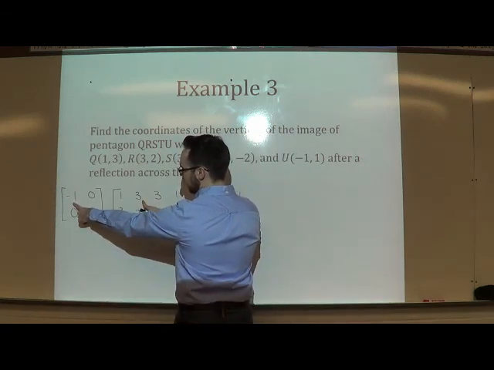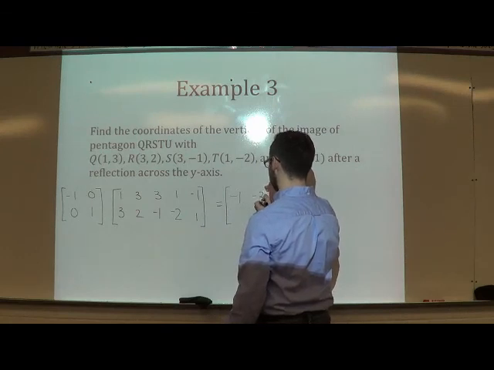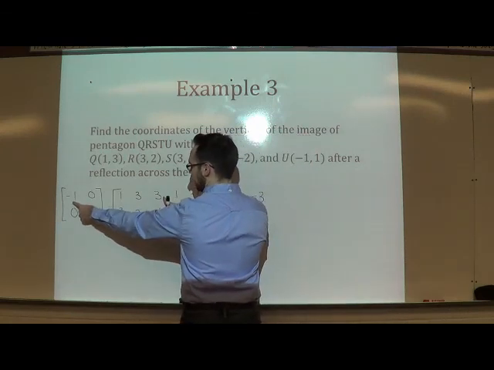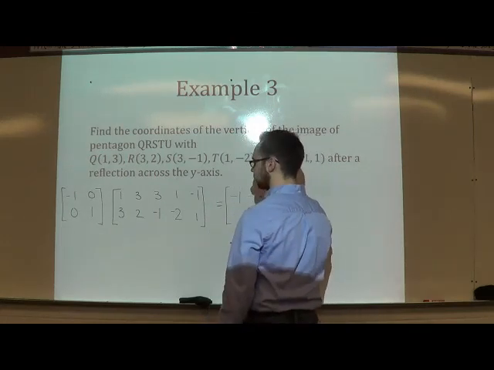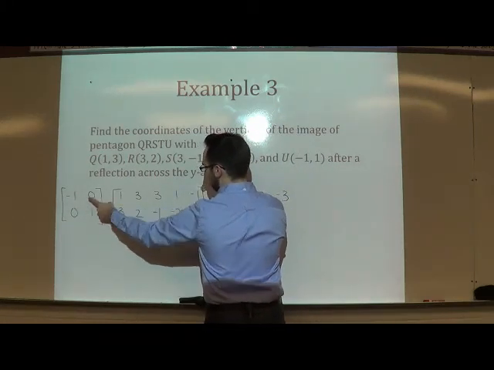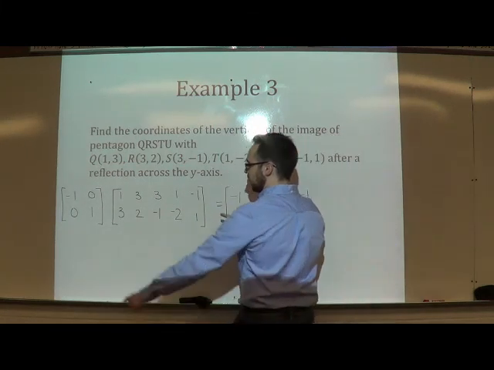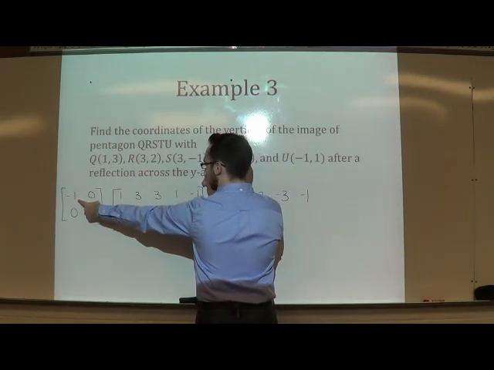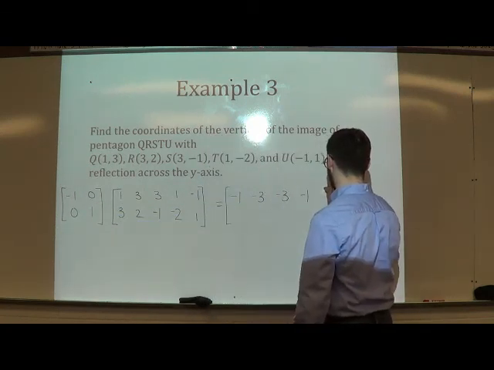Negative 1 times 3 is negative 3, plus 0 is negative 3. Negative 3 plus 0 is negative 3. Negative 1 and 0 is negative 1. And positive 1 and 0 is a positive 1.